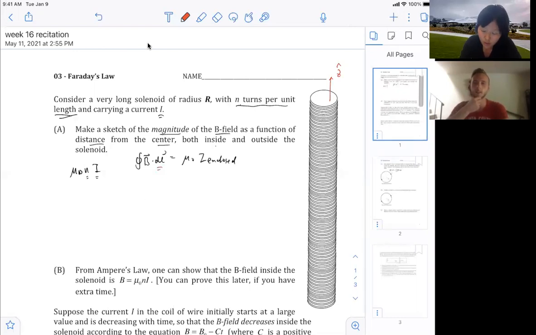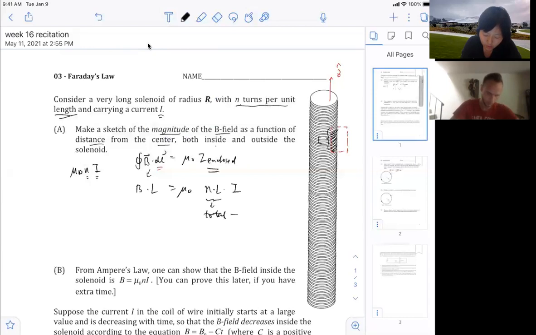So it will be half in, half out. This is your loop. So B dot dl becomes B times L. And for I enclosed, you can see that this is I through the loop, this is I, this is I. There's many, many current through the loop, going through. So it would be n times L times I. This is the total number of turns.